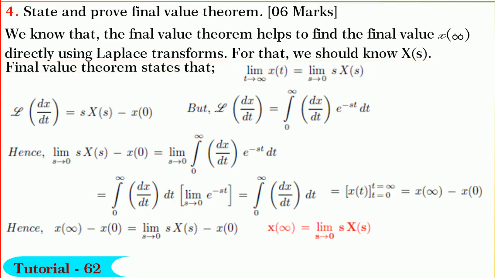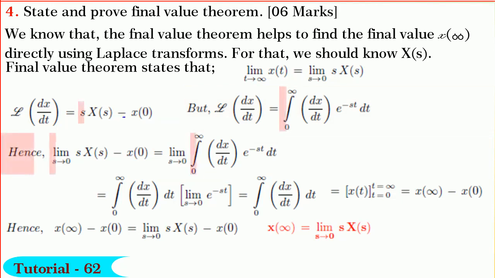To prove the final value theorem, we shall use the operational derivative L{dx/dt} = sX(s) − x(0). But by definition, L{dx/dt} = ∫ from 0 to ∞ of (dx/dt) e^(−st) dt.